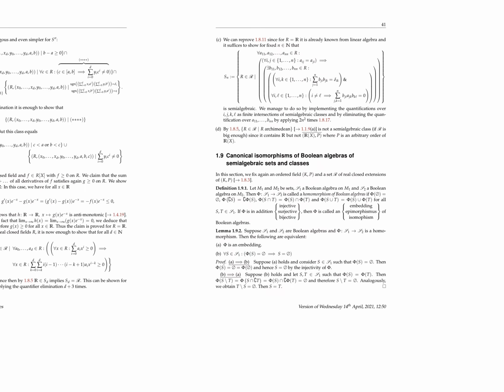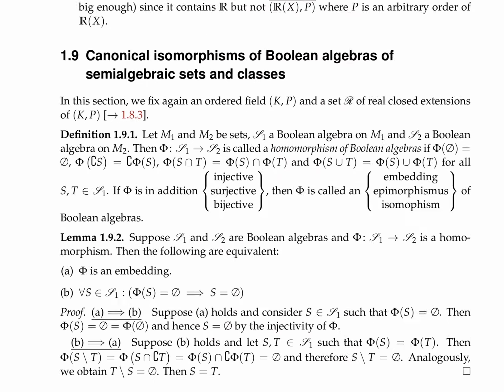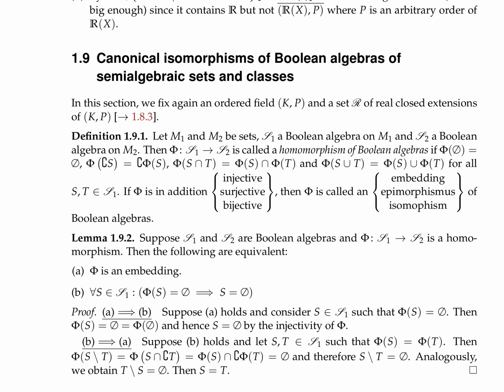So it was here in 191. A homomorphism of Boolean algebras was this, and an isomorphism was a bijective one, right?